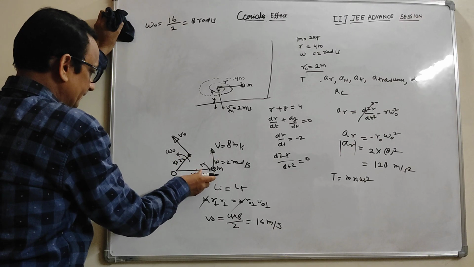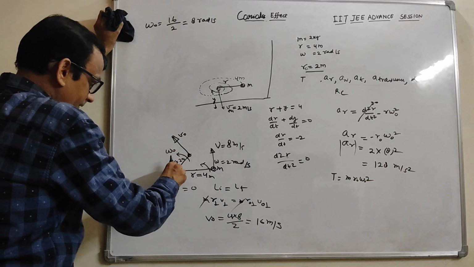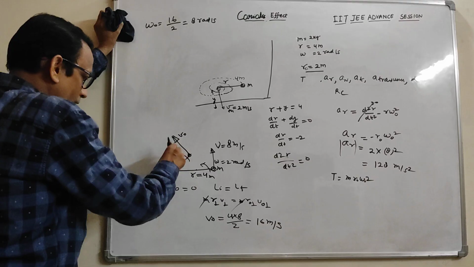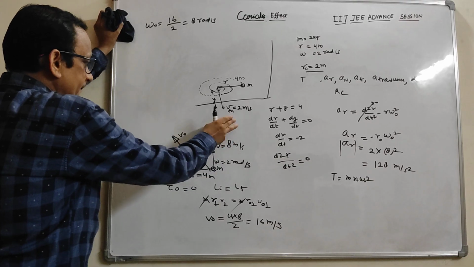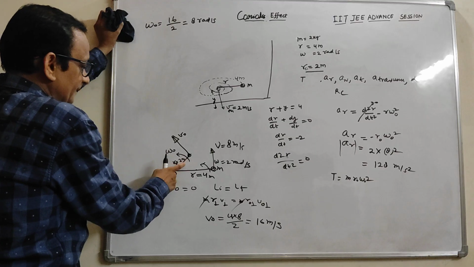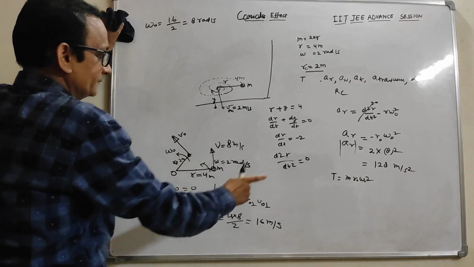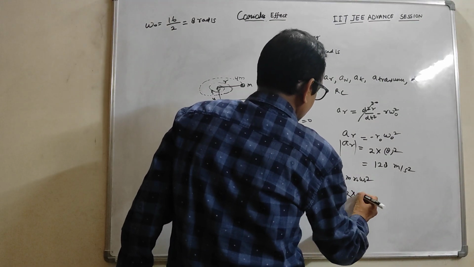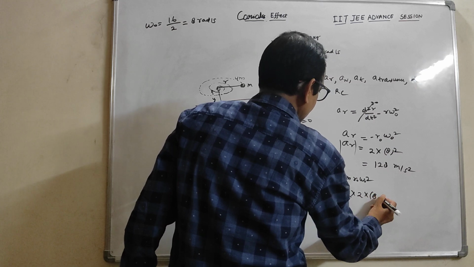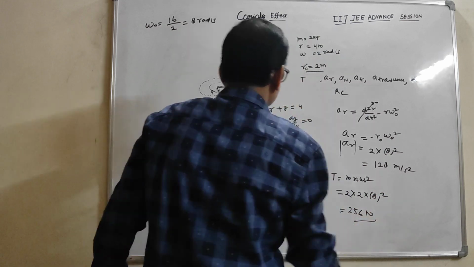Initially this length is 4 meter, and thereafter it is thrown downward by the velocity, then we have to find all values for that situation. So put the value here: mass is 2, this is 2, this is 8 squared, this becomes 256 Newton.